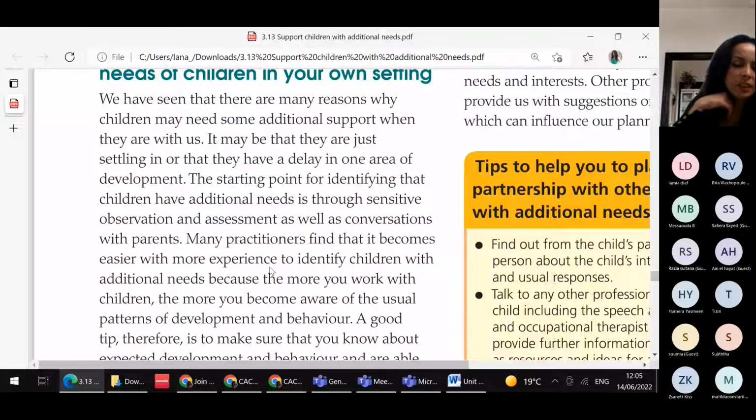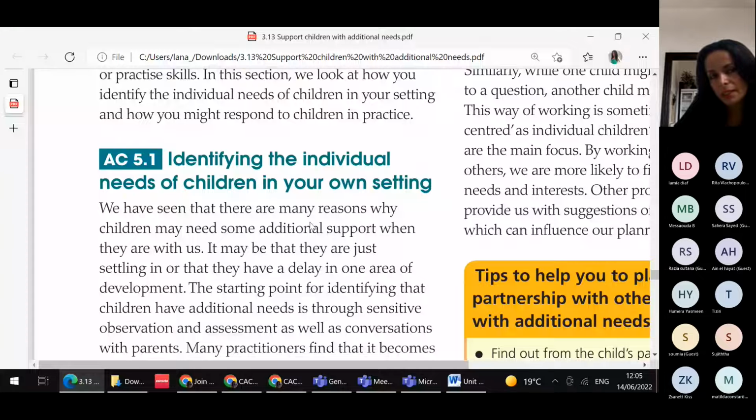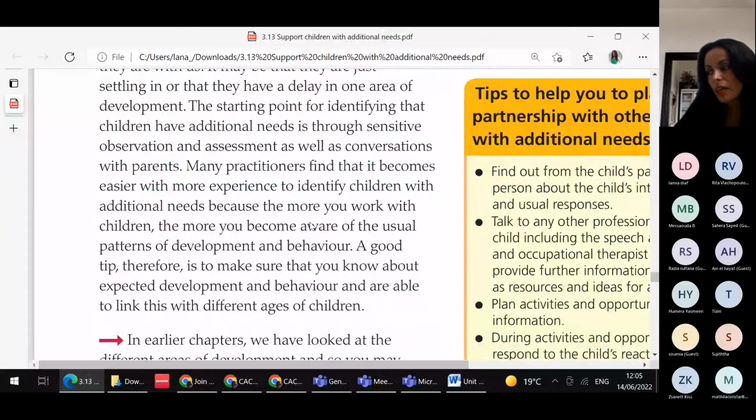So as soon as I spot any additional needs for any child, I contact his or her parents and discuss the issue with them, to see if they have noticed or spotted any additional needs as well. And then I can take their permission so that the nursery can contact a speech therapist or a doctor directly to get more support and advice according to the child's situation.